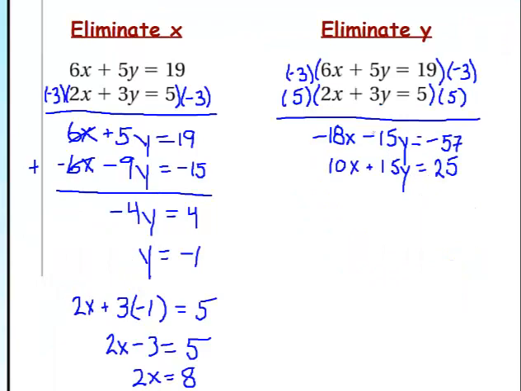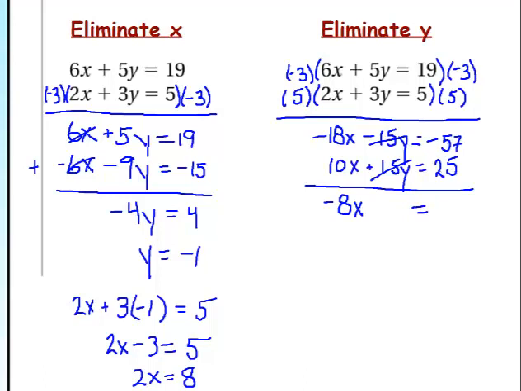So now I've got an equivalent system of equations with the y variables with opposite coefficients. So now when I add these two equations together, I get negative 18x plus 10x is negative 8x. The negative 15y added to the positive 15y is 0.